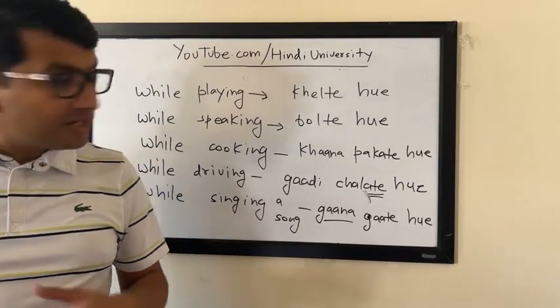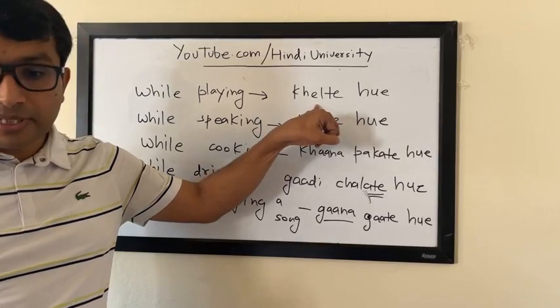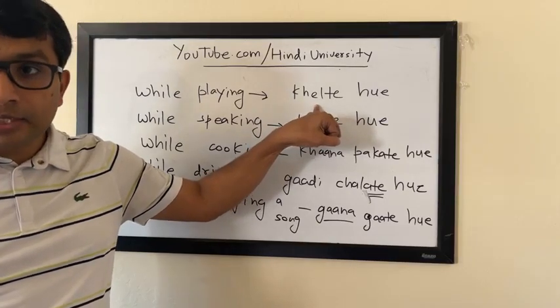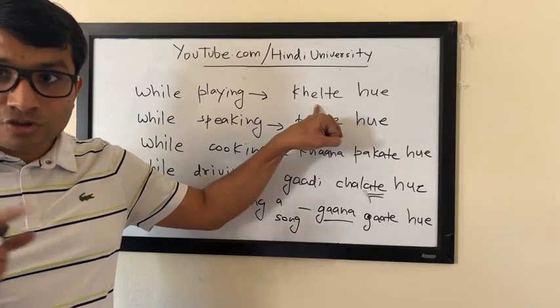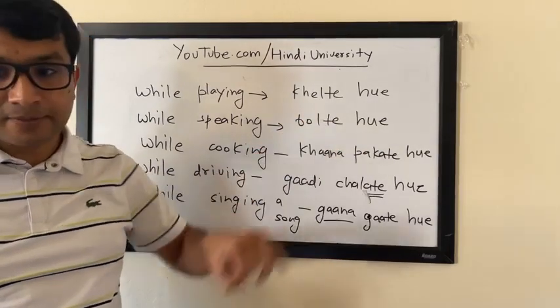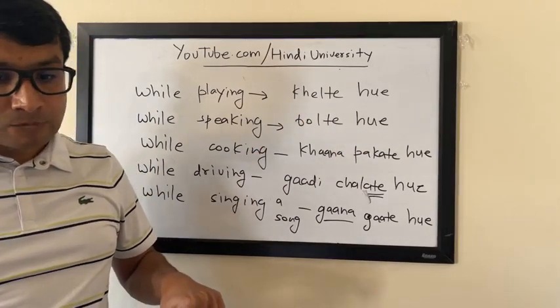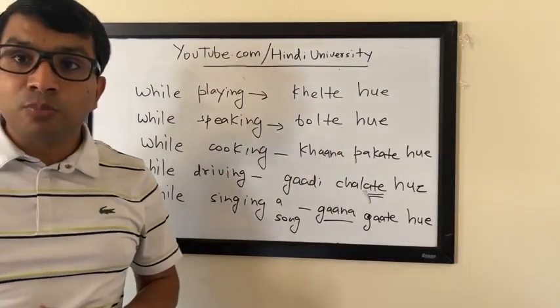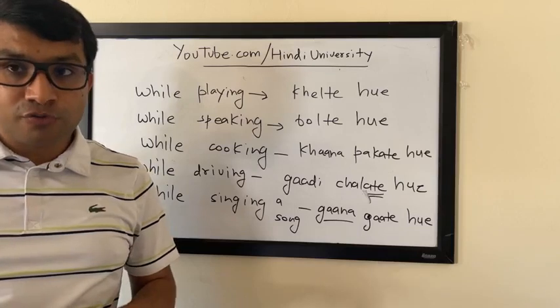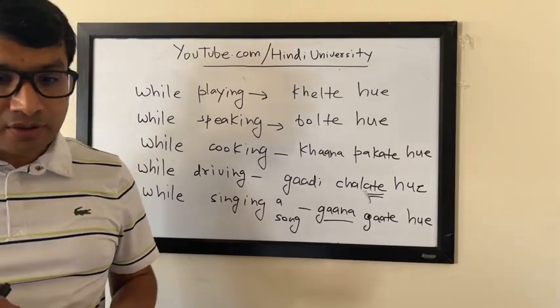Okay. मैंने यिरका को खेलते हुए देखा और मैंने सिमोना को खेलते हुए देखा और मैंने आप सभी को खेलते हुए देखा. I saw you while you were all playing. Okay, while you were doing the action. Okay, मैंने आप सभी को बोलते हुए देखा. I saw all of you while you were doing the talking.